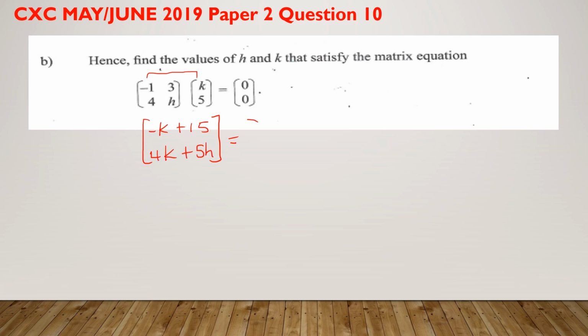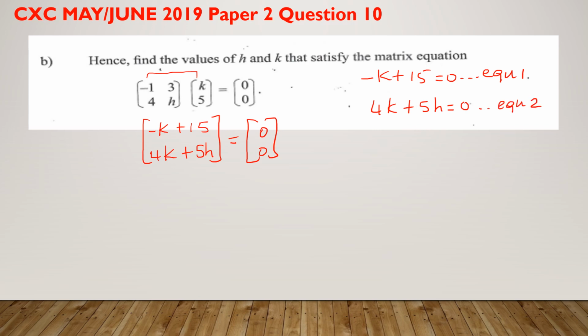So now it's equals to 0. So from this, we're going to get two equations. -K plus 15 equals 0, equation 1. And 4K plus 5H is equals to 0, equation 2.